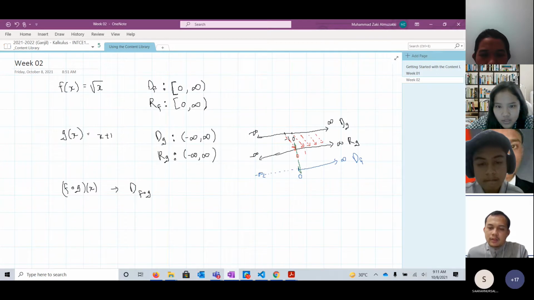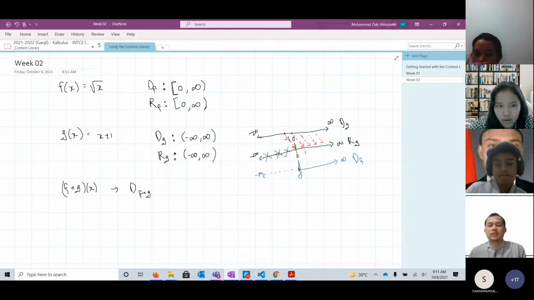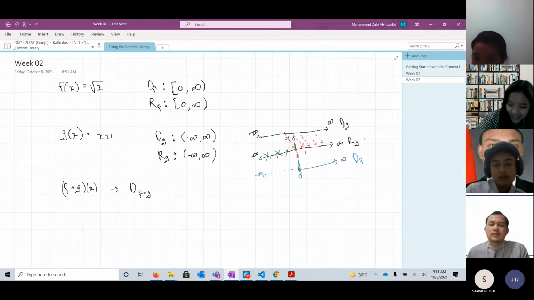Because the domain of f is from 0 to infinity, we only need to take the range of g from 0 to infinity. Let's say we don't care about the left part, the negative part. Now, let's see. What is the domain of g that makes the range of g from 0 to infinity?